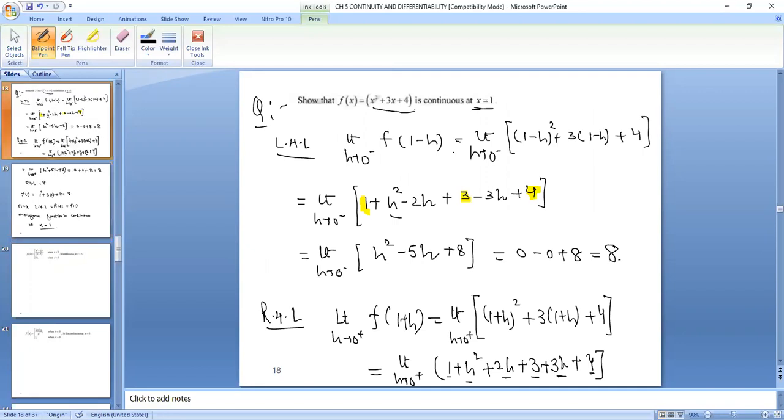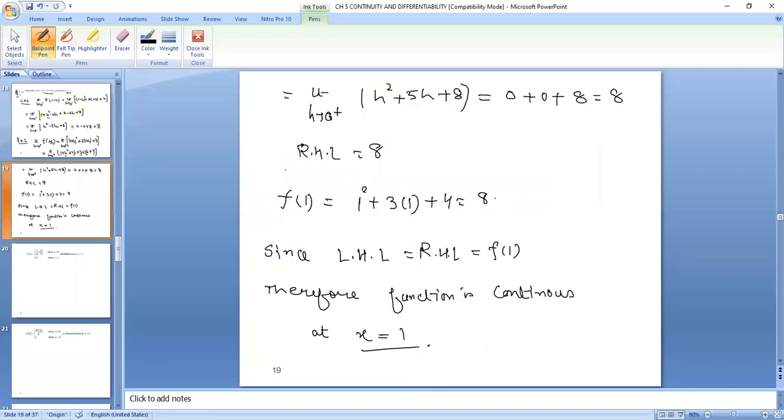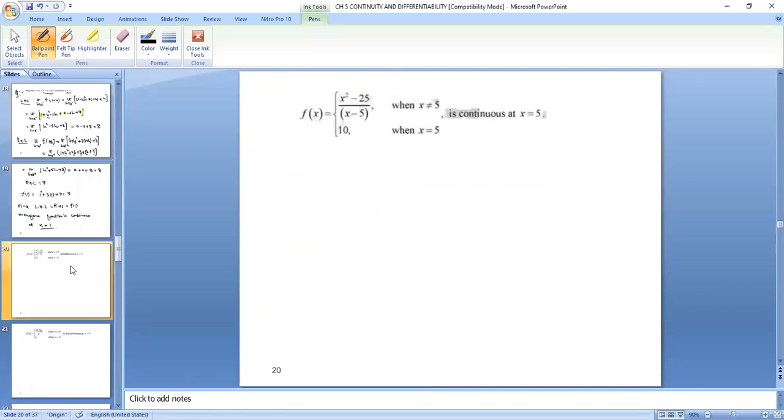So in every question, we will be finding the left hand limit, right hand limit, and the value of the function. Now we will be taking one more example.